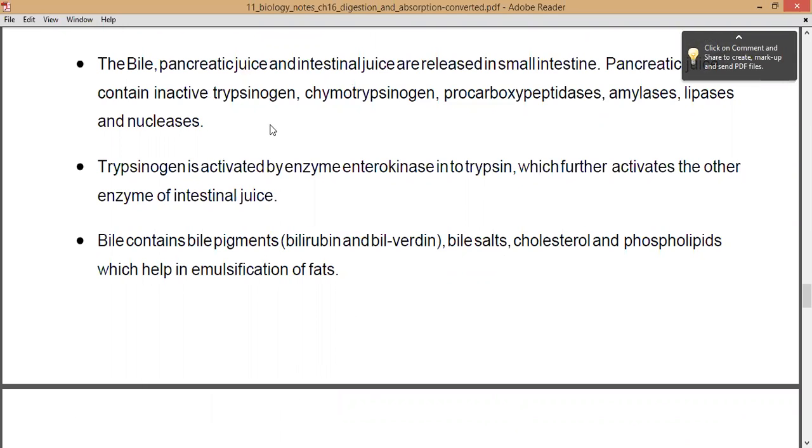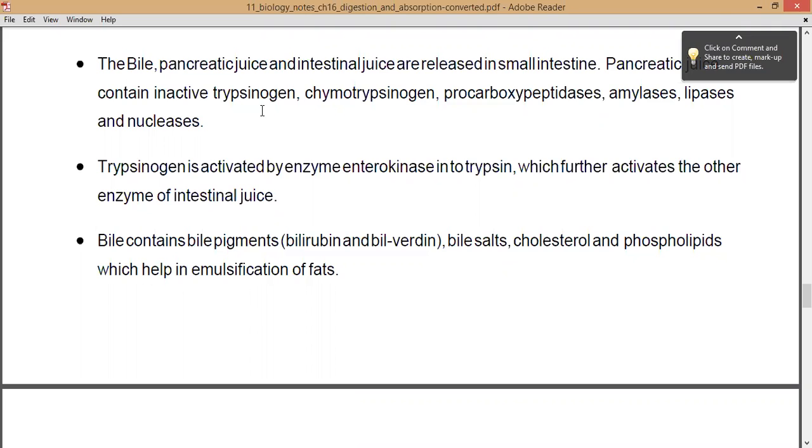Now this trypsinogen is activated by an enzyme known as enterokinase. This trypsinogen is the inactive form, right? And when it gets activated with the help of enterokinase, it is converted to trypsin.